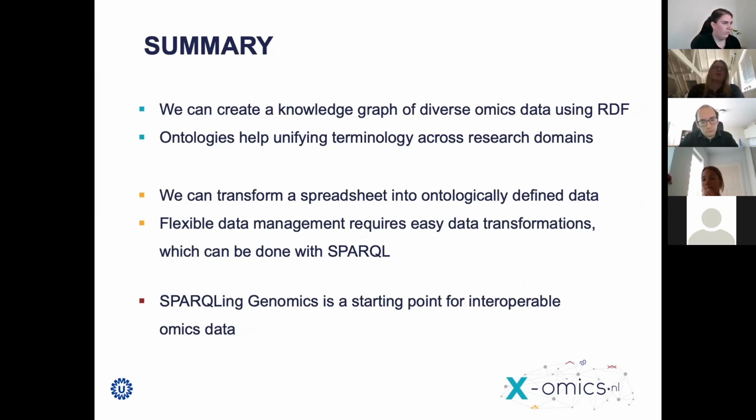And of course, flexible data management requires easy data transformations, which can be done with SPARQL. And lastly, SPARQLing-genomics is a starting point for interoperable omics data, and we highly encourage our colleagues across all the omics to consider RDF and SPARQL to try to achieve interoperability for your omics type.